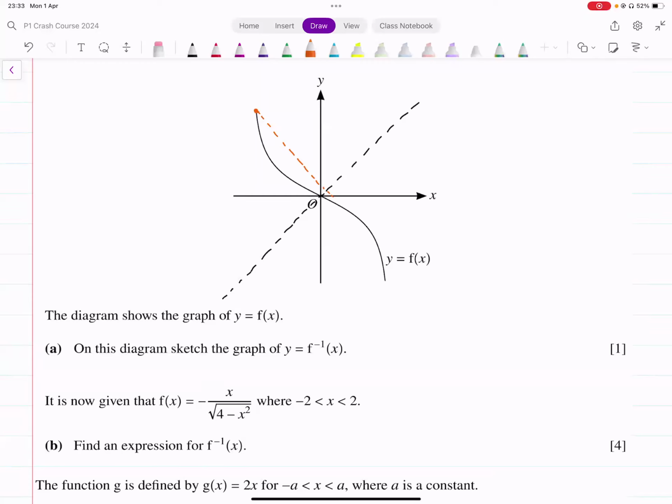So this point, for instance, I think it's going to go somewhere around here, maybe. Okay, so this point may go somewhere here. So mark points like this. You can use a ruler. Whatever is the distance on this side of the line, mark almost the same distance on the other side.